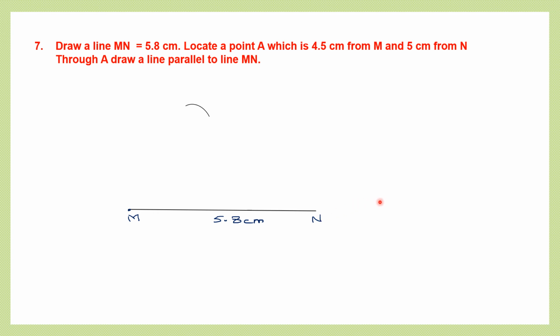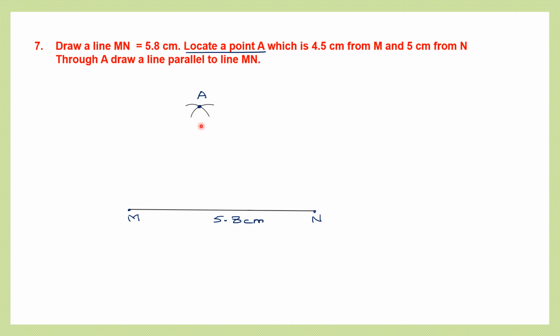So again take your compass needle, measure 5 centimeters on it, place it at the point N here, and from here draw an arc of 5 centimeters in such a way that it cuts this arc. So here it's cut the arc. So now this point of intersection is the point that they have asked us to mark as A. So we have located a point A. In the previous question, we just had to mark a point P anywhere, isn't it?